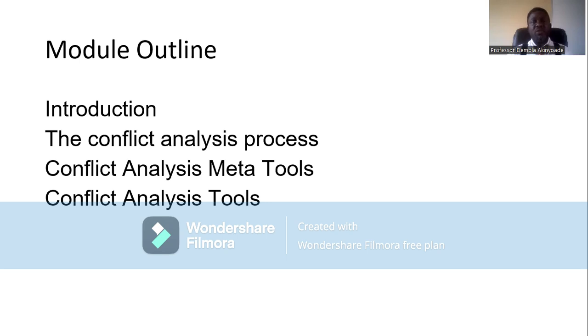Meta tools are what I refer to as parent tools, in the sense that they help us to identify the specific tools to be used. They're like a big container of information. We collect information on the different aspects of conflict, and they help us identify which tools will be used in this area or that area.